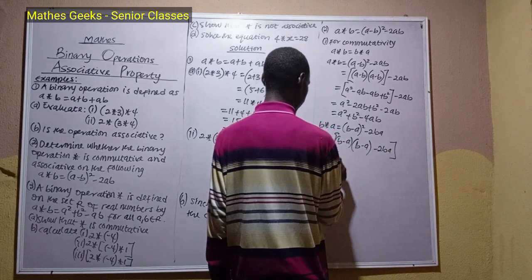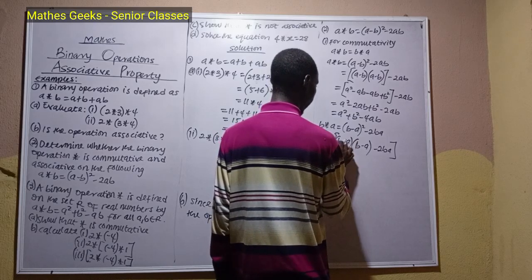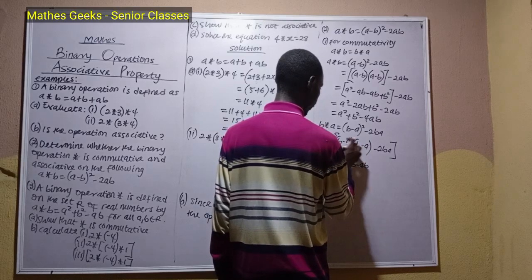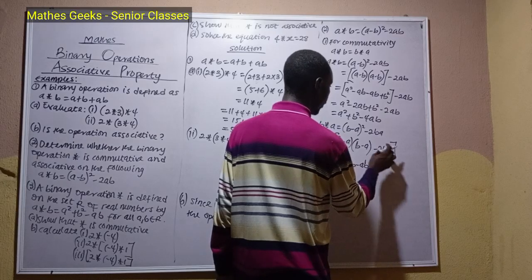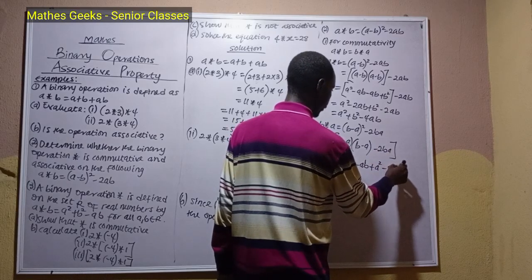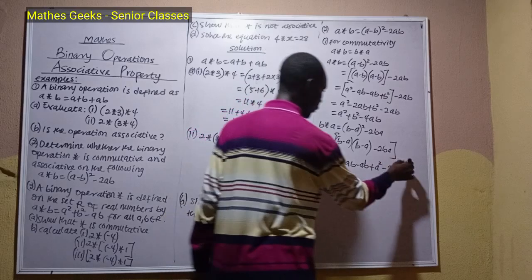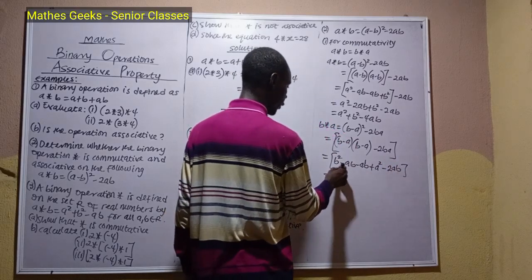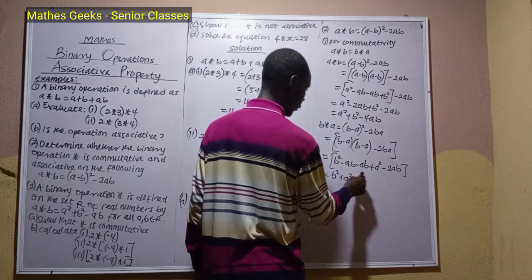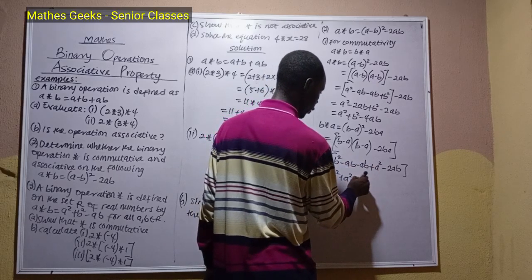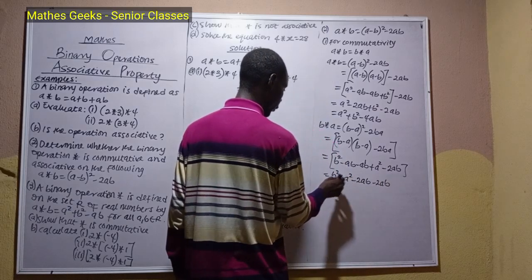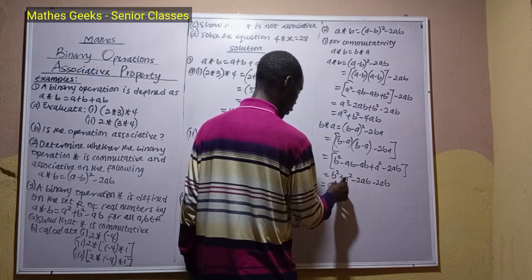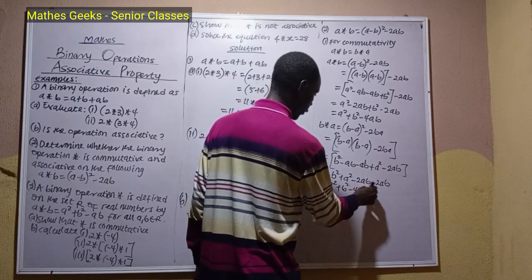And this will give us B times B is B squared, B times minus A is minus AB, minus A times B is minus AB, minus A times minus A is plus A squared, minus 2BA, which is the same thing as minus 2AB. Okay, so B squared plus A squared minus AB minus AB minus 2AB minus 2AB. So in order, it is equal to A squared plus B squared minus 4AB.